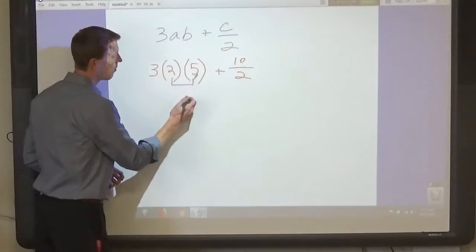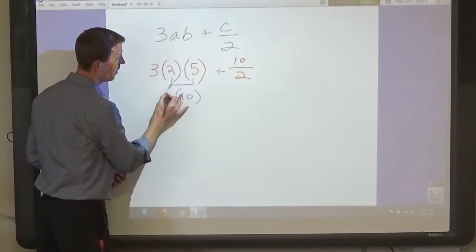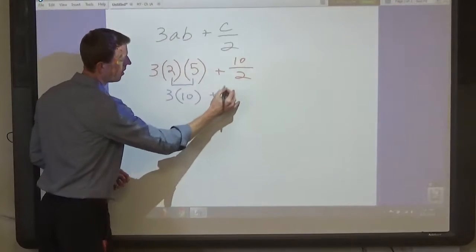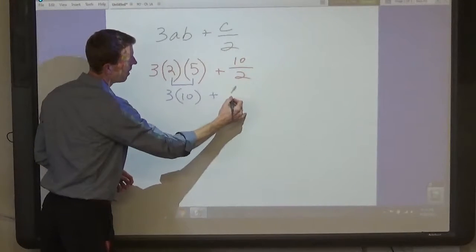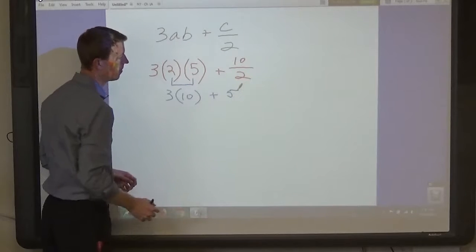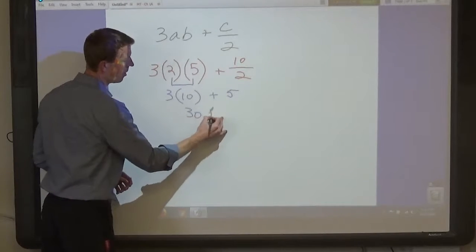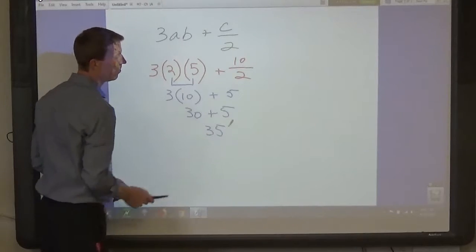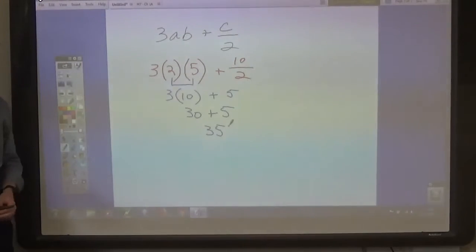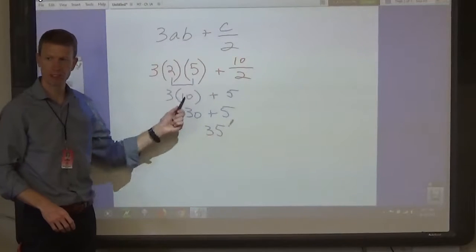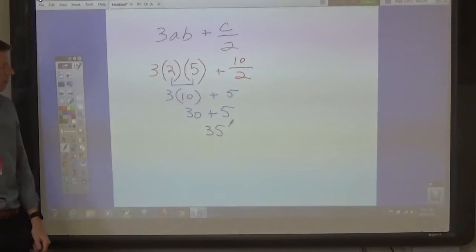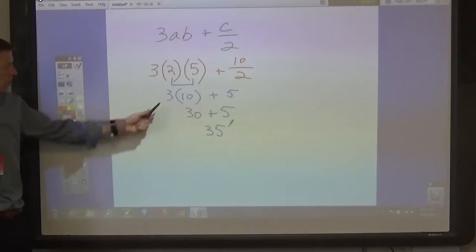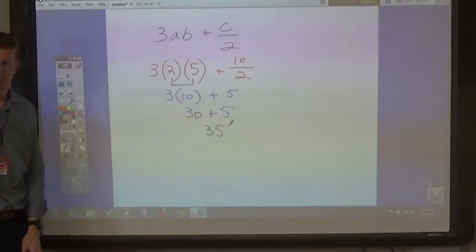So we can do 2 times 5 is 10, and then times 3 is 30, plus 10 divided by 2 is 5, and then 30 plus 5 is 35. Okay? We did multiplication in the same step here, so we can do that all at once. And then finish the multiplication and then add. Right?